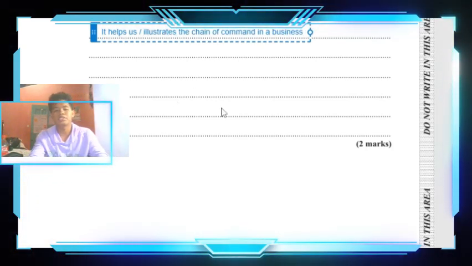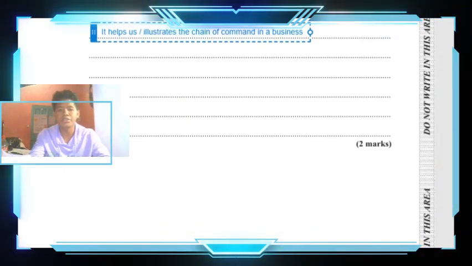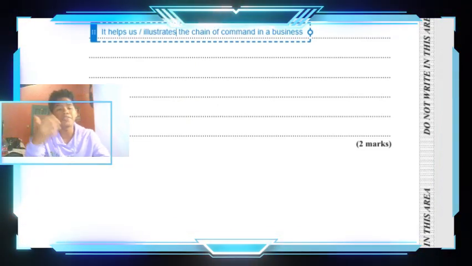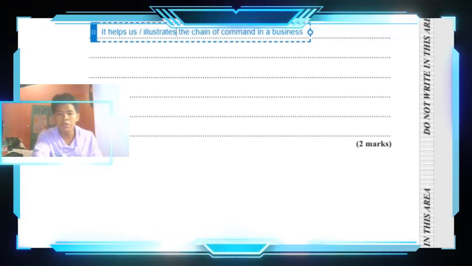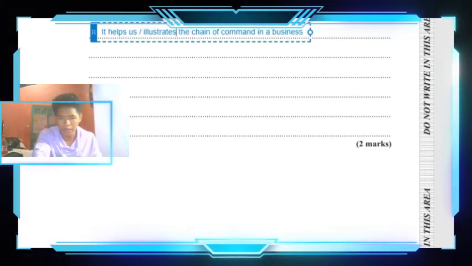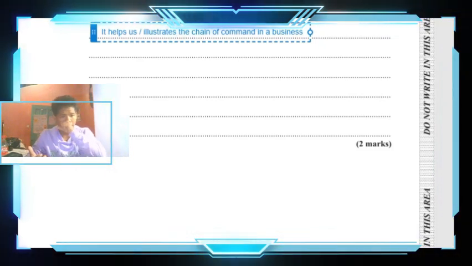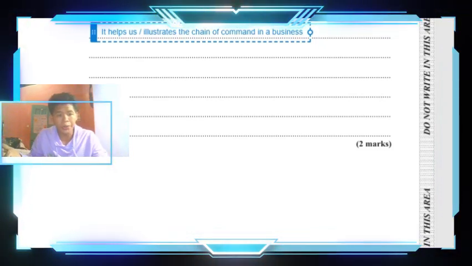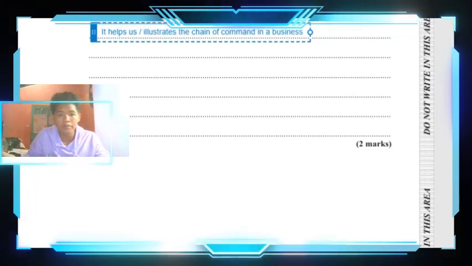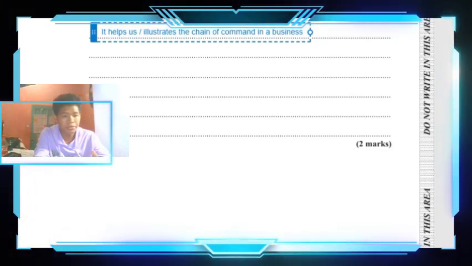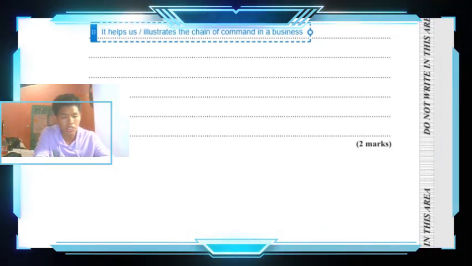As I said before, it illustrates to us the chain of command within a business. Because how else will we understand the position you are in or the authority that it has over others without an organizational chart? There are a lot of different types of organizational chart.